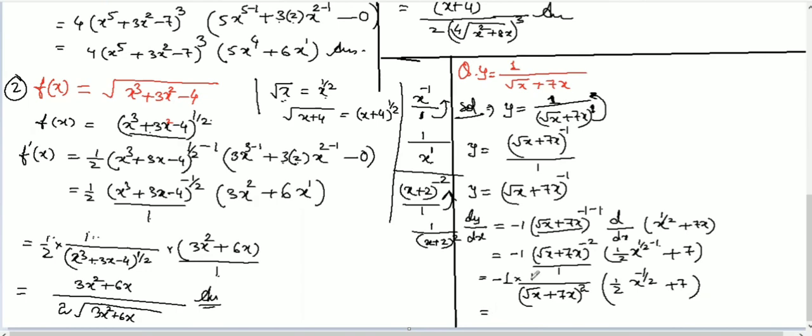One more step. So minus 1 over root x plus 7x to the power positive 2. Now one more step here, half here, and x to the power minus half, bring down here. Again same rule, don't leave the answer in minus form. So 1 will go up, 1 over x to the power positive half will be there, and plus 7 inside the bracket. Now I'm going to write it down here.